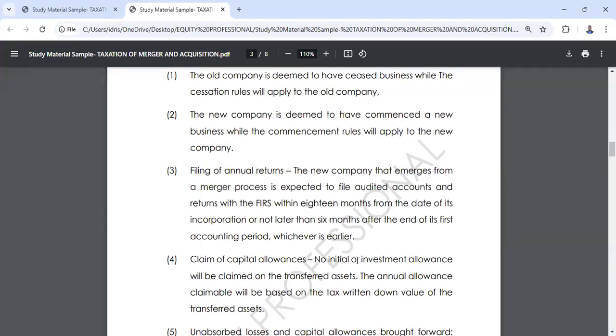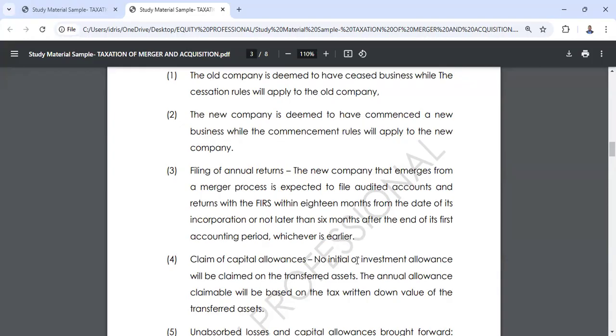What we are saying is, if A and B merge together to become AB Limited, the qualified capital expenditure of A will be transferred to AB Limited. The qualified capital expenditure of B will be transferred to AB Limited.